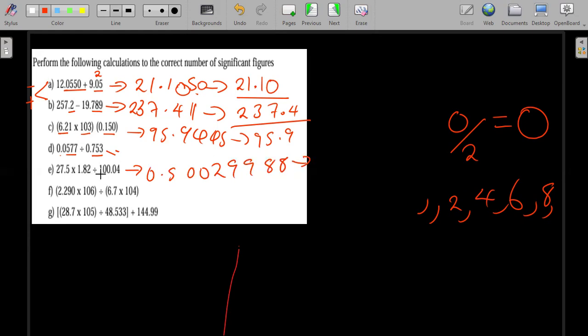Here, how many significant figures are we having? We have three significant figures, three significant figures. Definitely, we have three significant figures as the least, meaning our answer should have three significant figures. It's going to be 0.500. So these are three significant figures.